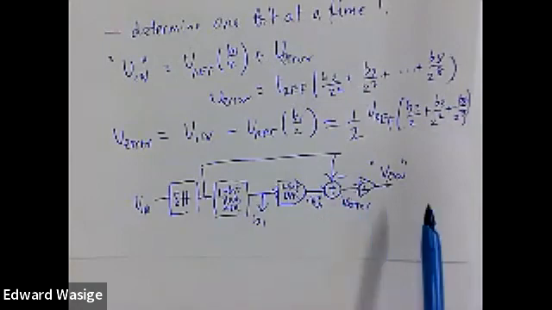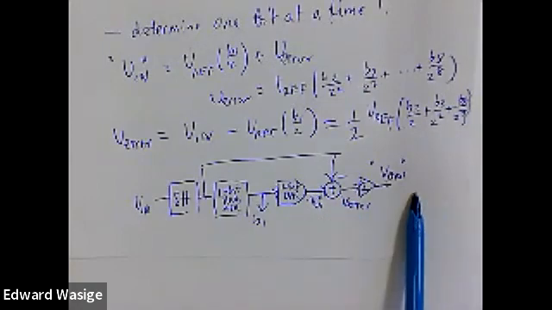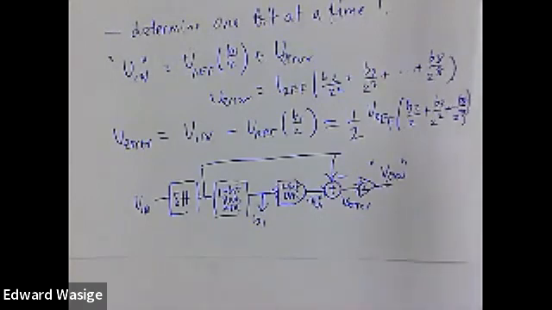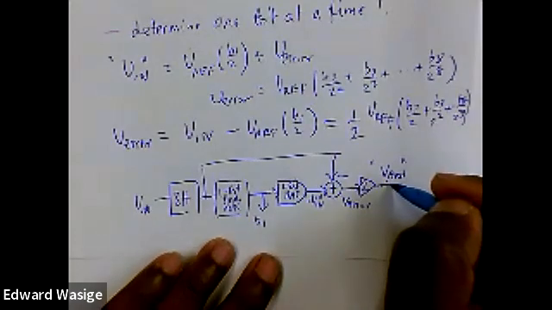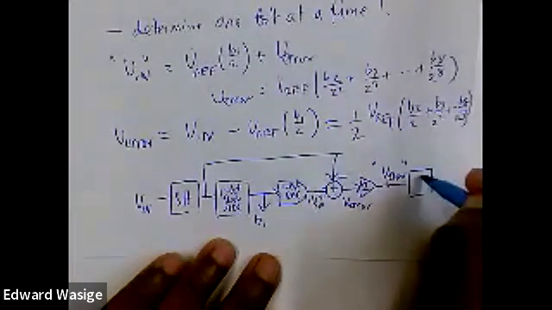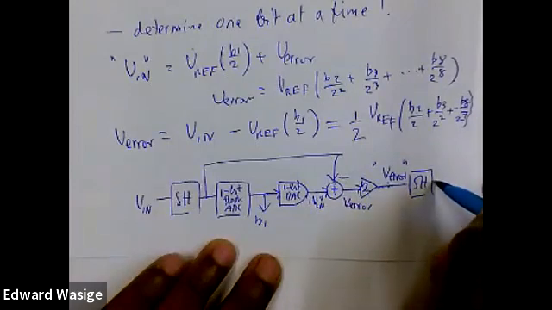If we put it through a similar process, we'll be able to determine B2. And once we've determined B2, we can also put it through a similar process. So at this point, I would go into a sample and hold.